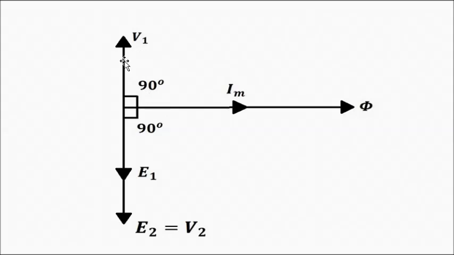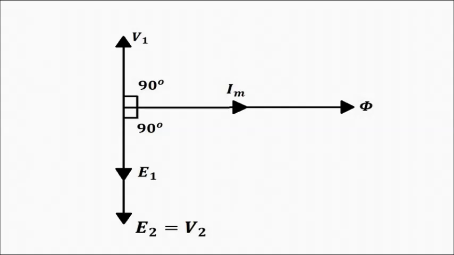V1 is 90 degrees leading, V2 is 90 degrees lagging. Now V1 and E1 are in opposition as per Lenz's law. Primary induced EMF and the supply are in opposition, which we have also discussed. And E2 is equal to V2. That is for an ideal transformer in no load condition. So how will this change under loaded condition?